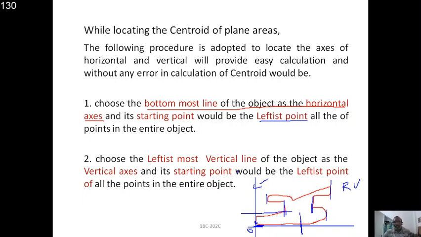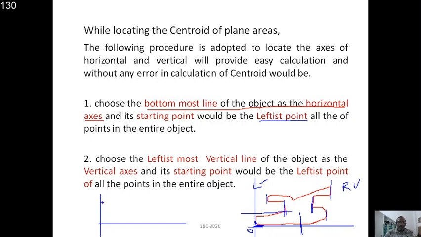With this we understand that we have to draw a horizontal axis that is the bottommost and leftmost point of the entire object, and similarly the vertical axis should be the leftmost line.